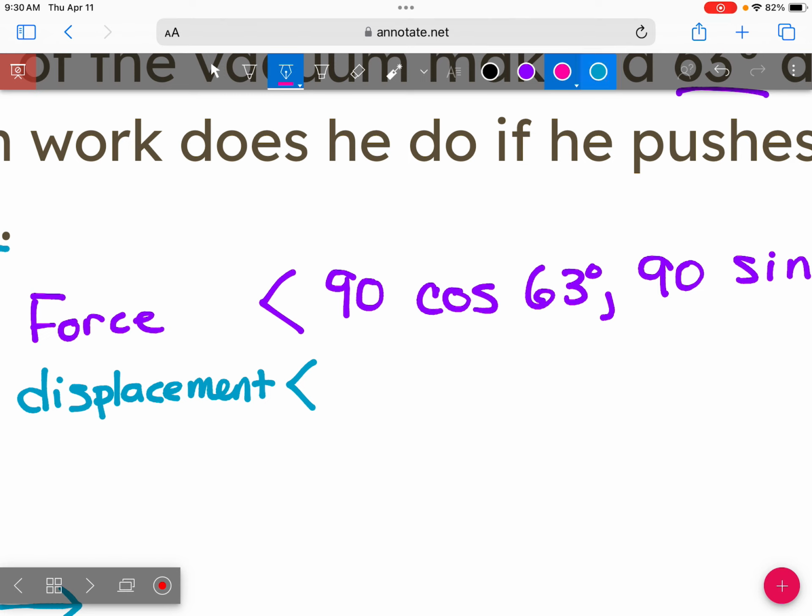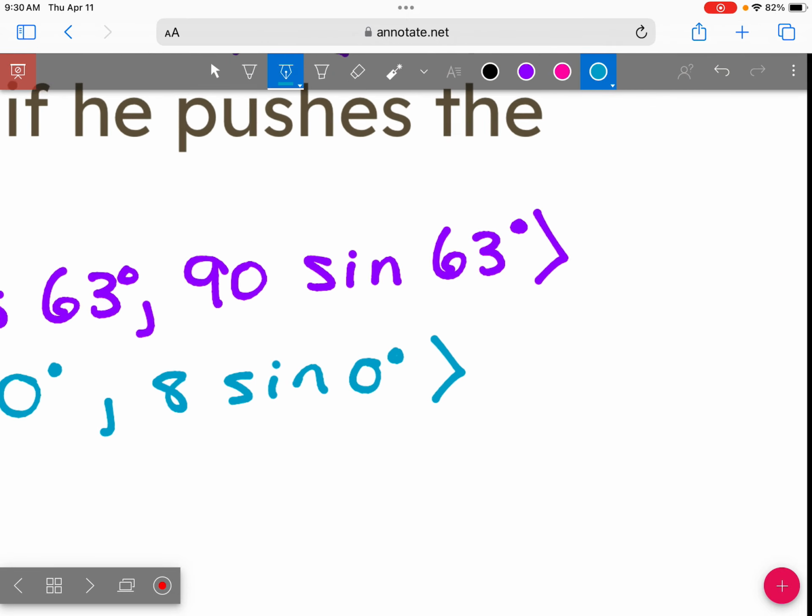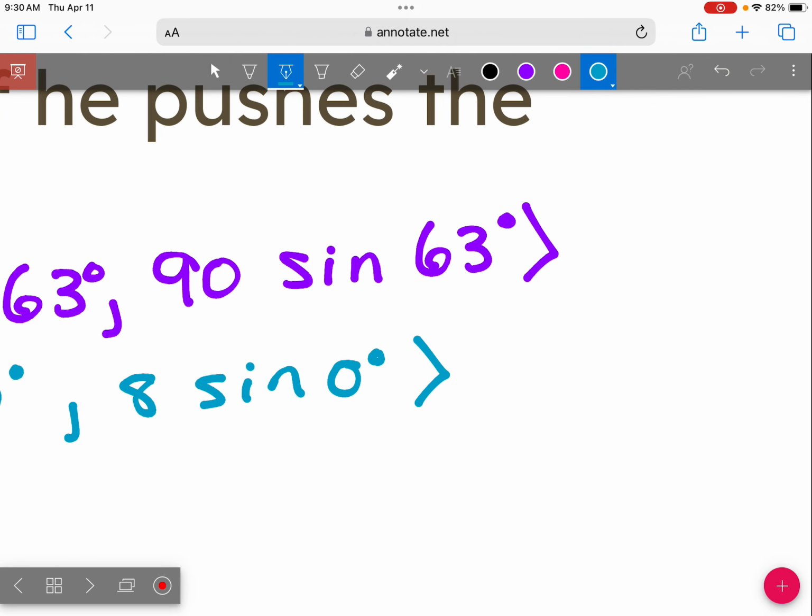So we're going to do 8 cosine of 0 and 8 sine of 0. What is cosine of 0? 1. What is sine of 0? 0. So we could rewrite this as 8 comma 0. This is the same thing.